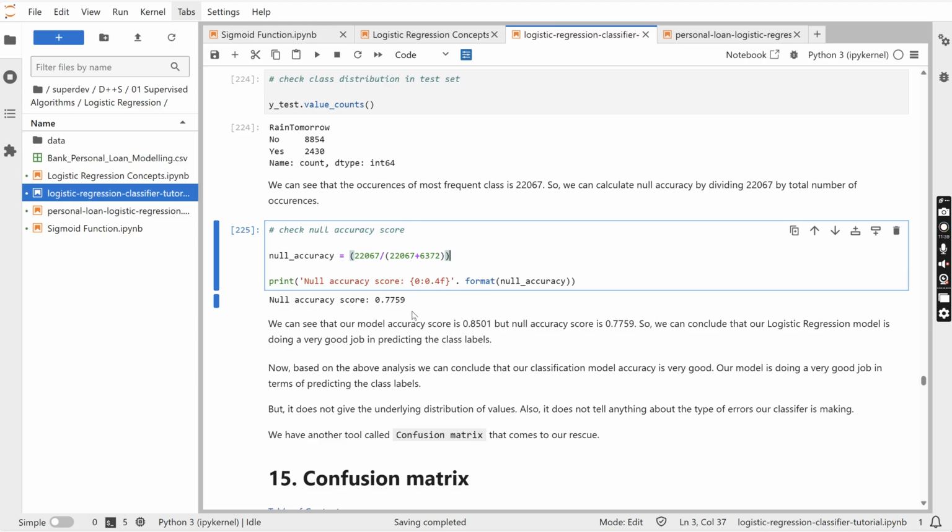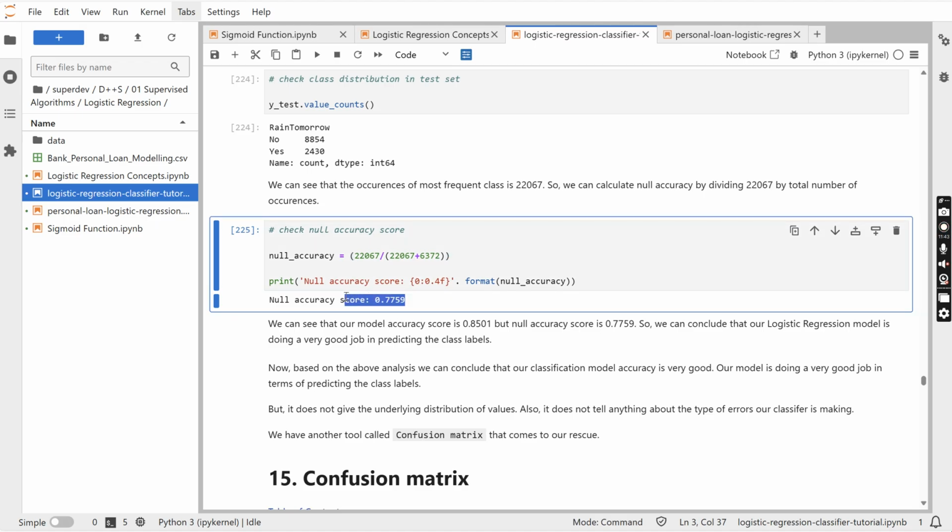Now what this means is, even if we had used one single class, our minimum accuracy would have been 77.6, but because the model has obtained an additional 11 points, that means it is doing the classification on both the classes.